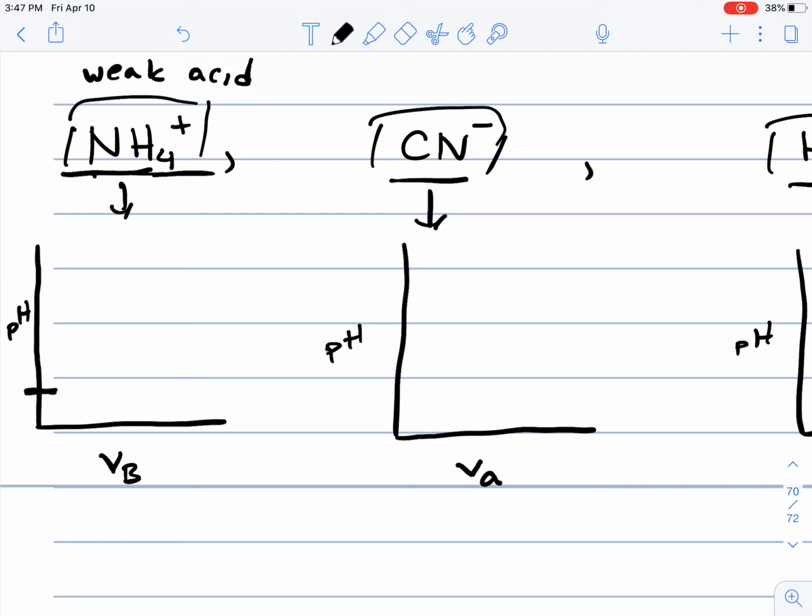That's why I'm drawing it higher up. Since it's an acid, the general trend of the titration curve is going to look like an S for this monoprotic acid. And its equivalence point pH is going to be greater than 7.